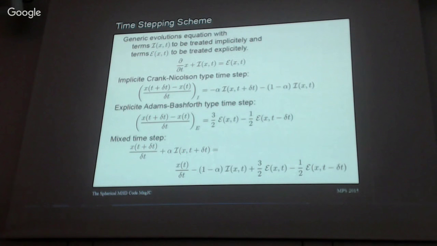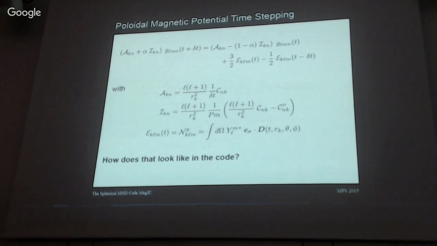So this is actually the update of our system that we want to calculate based on this. And this we typically call the right-hand side, and this we call the time stepping matrix. Specifically, it then looks like this for the spectral representation of the magnetic poloidal potential G. So the equation looks like this.